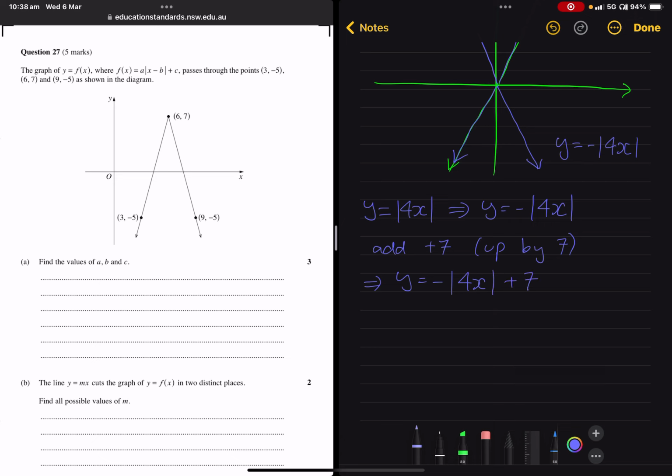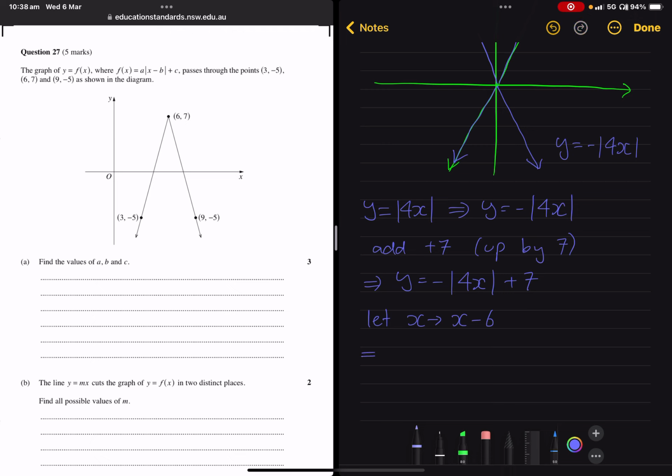And then to move it to the right by 6, we need to let x become x minus 6. If you replace x with x minus something, it moves it to the right by that many units, which is somewhat counterintuitive because this is a minus. Students often associate minus with left because the negative numbers are on the left-hand side of the graph, but replacing x with x minus 6 moves it to the right.